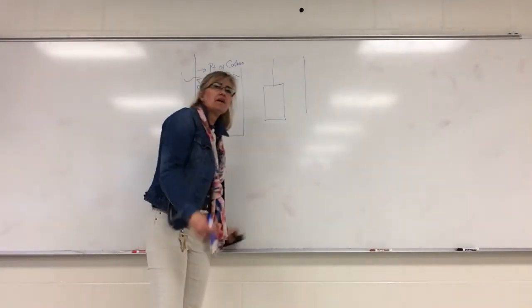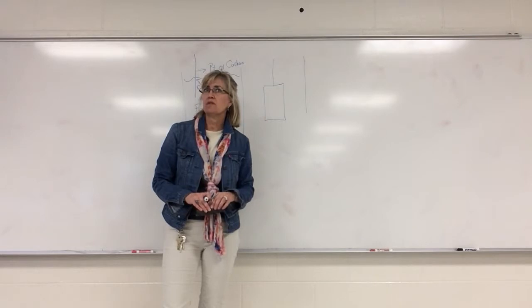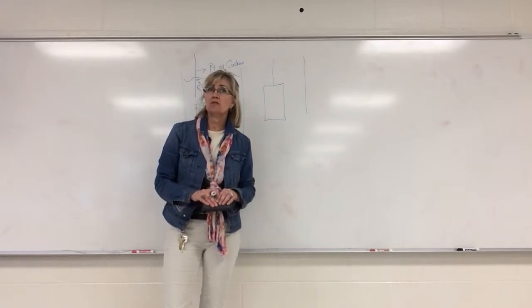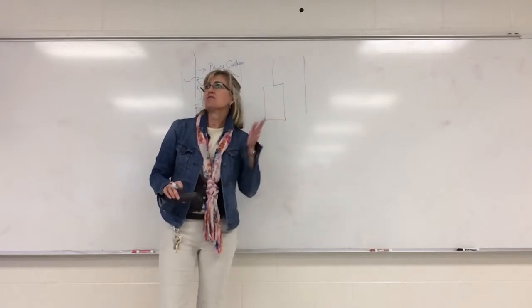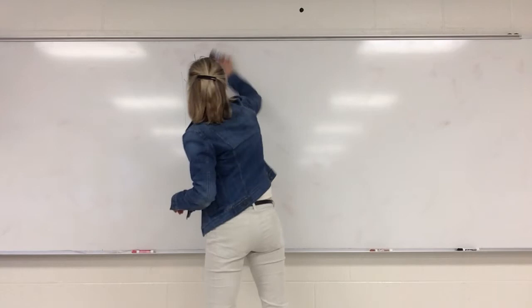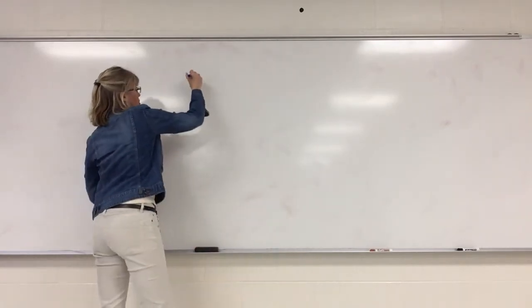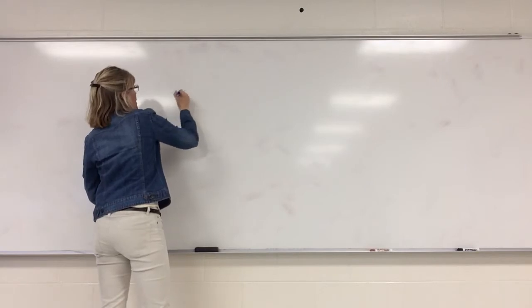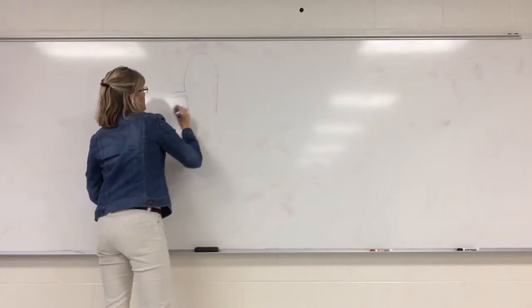We can also have gases that are involved in redox reactions. The most common one is hydrogen, because hydrogen will be oxidized to an H+. It looks a little different, okay? And I just want to show you how it's drawn. You've got an inverted tube, right?